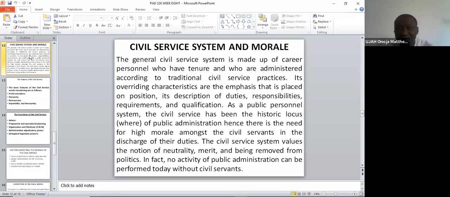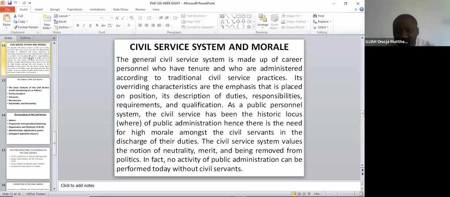Its overriding characteristics are the emphasis that is placed on position, its description of duties, responsibilities, requirements, and qualifications. As a public personnel system, the civil service has been the historic locus of public administration. Hence, there is the need for high morale amongst the civil servants in the discharge of their duties.